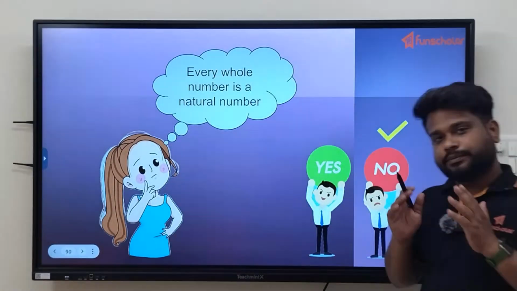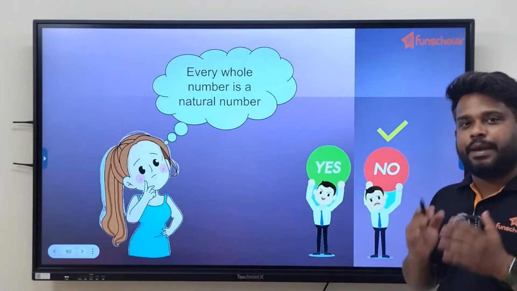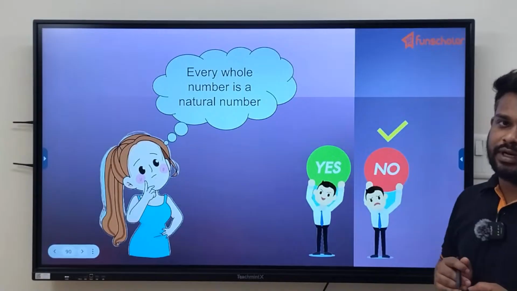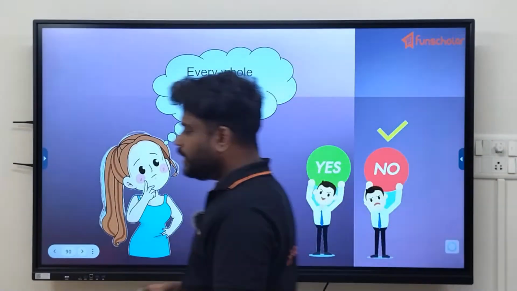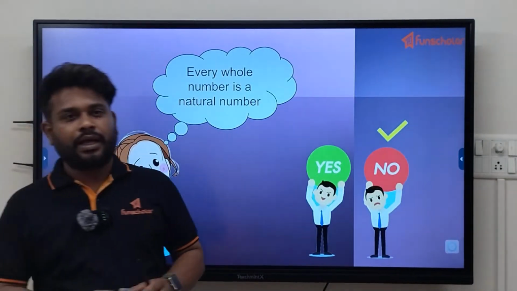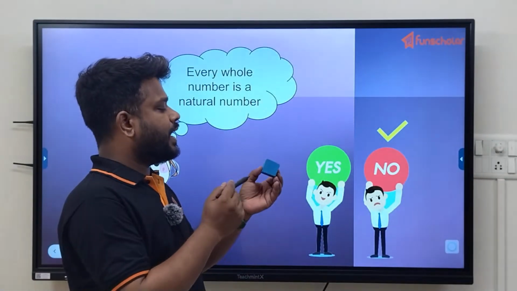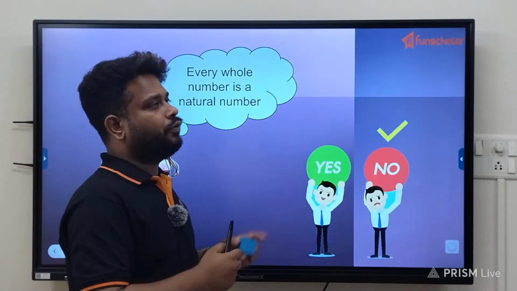We can say that anything which is empty can be termed as 0 in mathematics, but 0 is not a natural number.